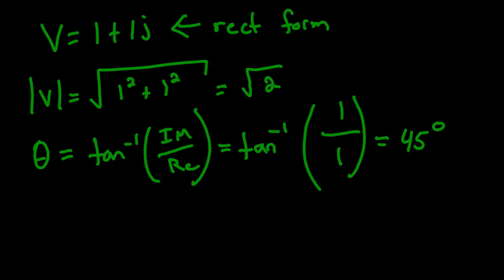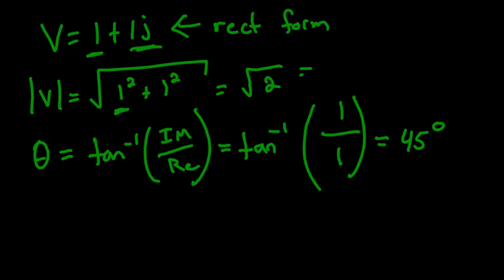So V with the lines is the magnitude. Is the magnitude, yes. You get the magnitude by taking the real and the imaginary, squaring them, and putting them under the square root symbol. You take both those values squared. So the magnitude is equal to the real component, which is 1, squared, plus the imaginary component squared.